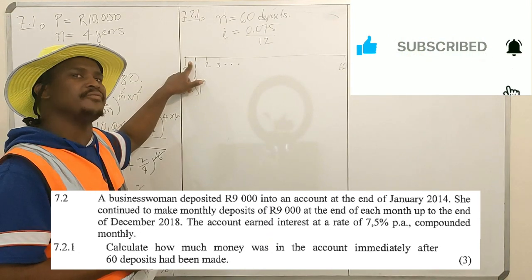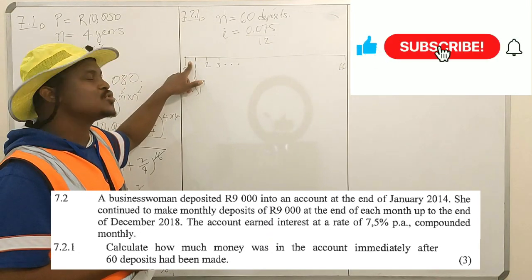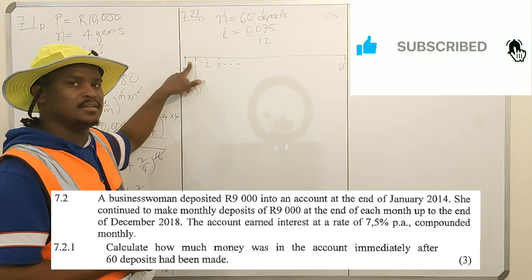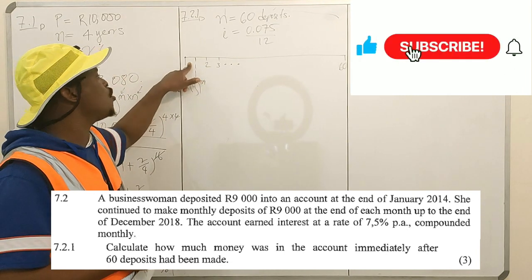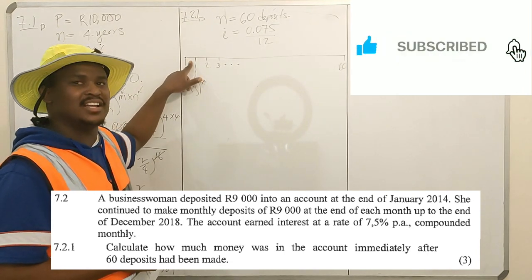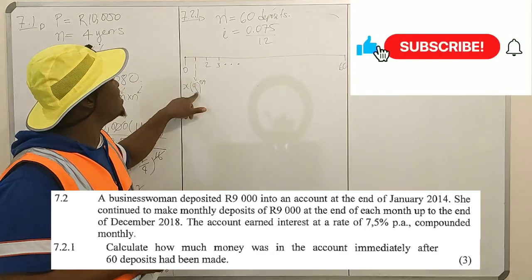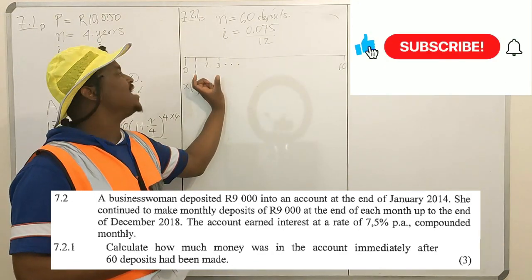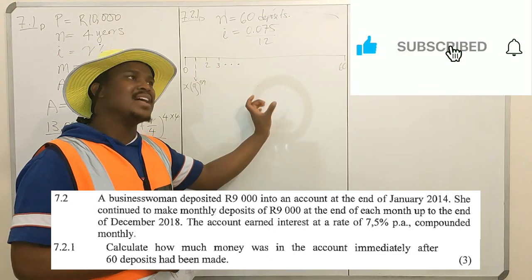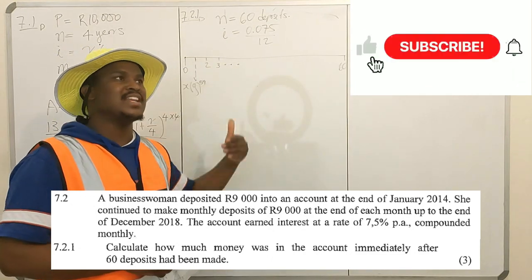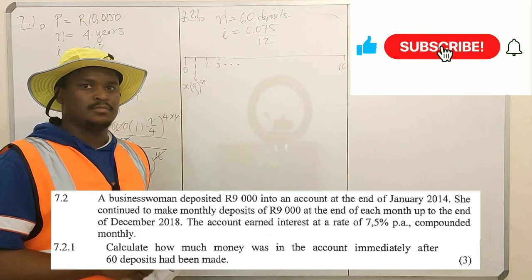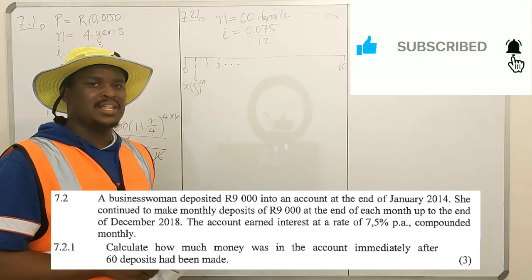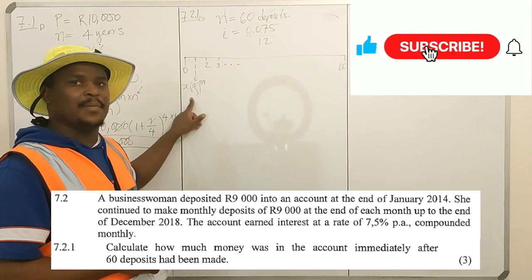During the first month there was no amount deposited, so there is no way you could have earned interest. So you will only earn interest for the next 11 months, and then 12 months for each of the next 4 years. That's how you will gain interest on this amount.